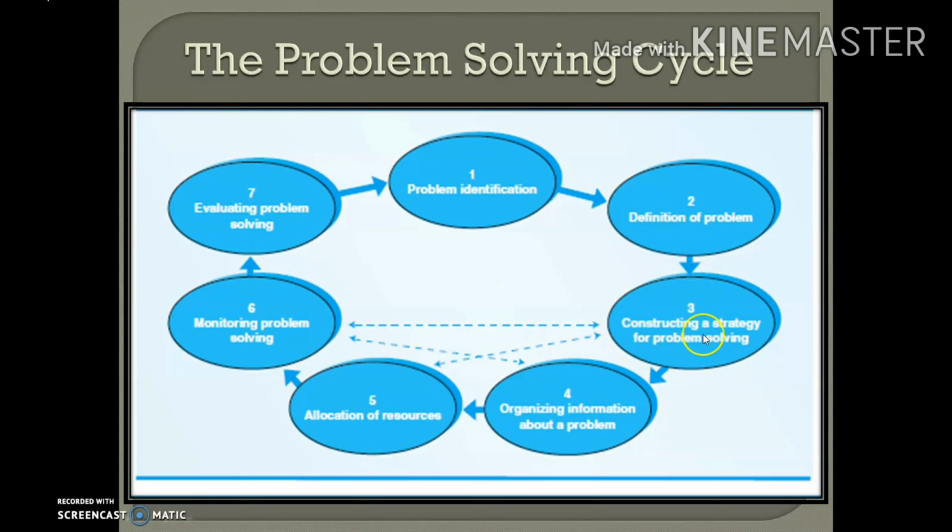Third, constructing a strategy. I have a strategy formulation in a way that I ask my uncle, my tío, for his laptop so that I can start this report. And also, I have another problem.